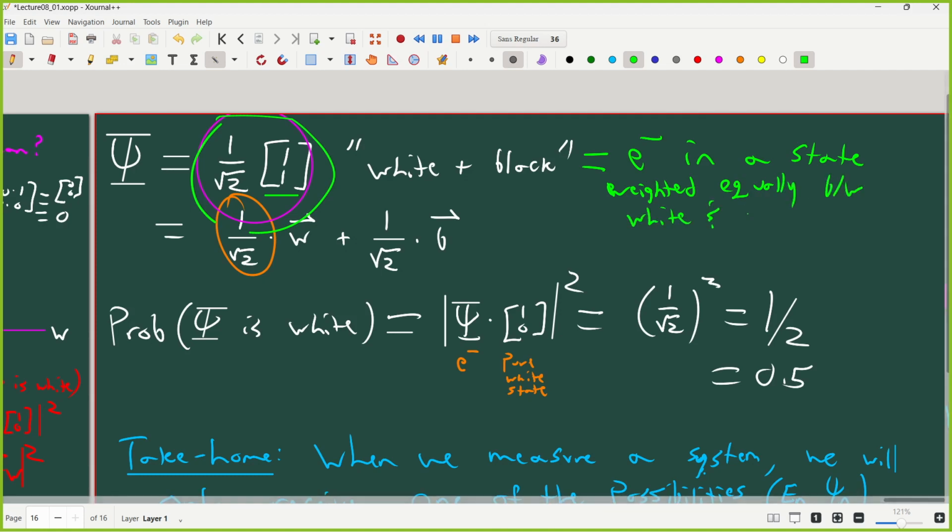Its color is not simultaneously white and black, because color can only be white or black. What 1, 1 says is that statistically this electron is prepared in such a way that when you measure it, it comes out white 50% of the time and black 50% of the time. That does not mean it's white plus black, because that description of it being white or black only happens at the point of measurement.